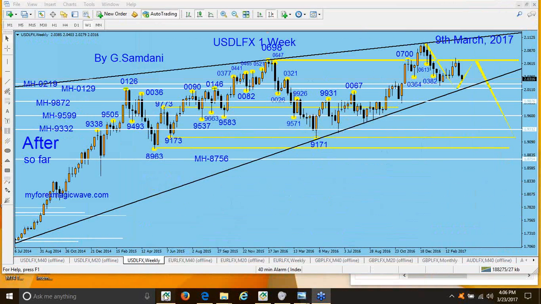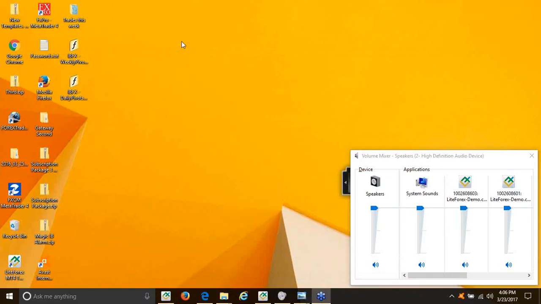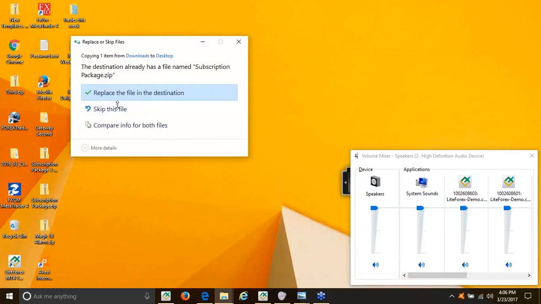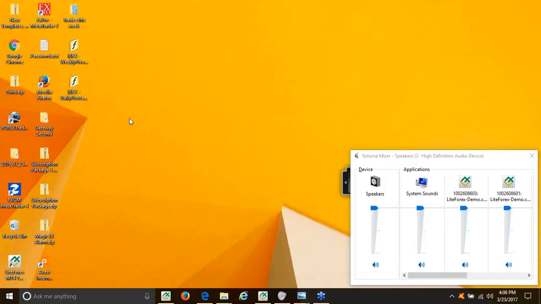No wonder my computer gets slow. Desktop, and then I'm gonna right click again and paste. This whole package here, I already have it, so that's why it's saying replace the file in the destination. So once you paste it, you will see it on your desktop, like I have it here.